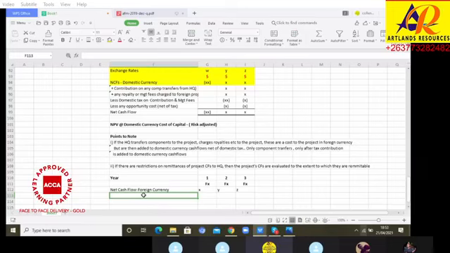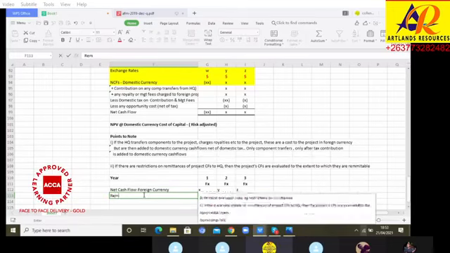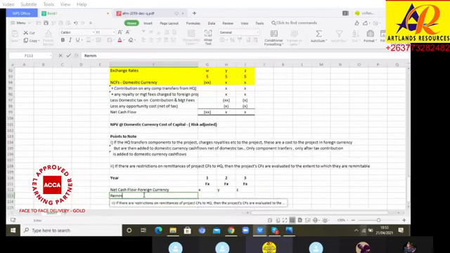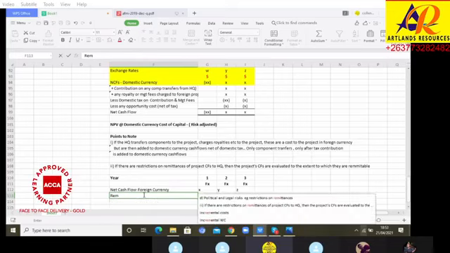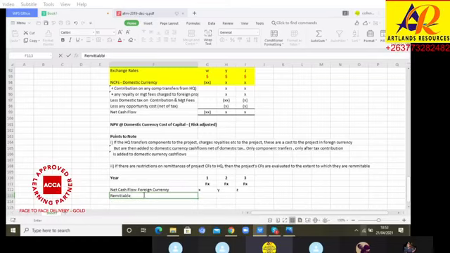But remittable cash flows, you don't just say exchange rates. No. If there are restrictions, you then say remittable cash flows. Then you say, e.g., 90% of cash flows can only be remitted.